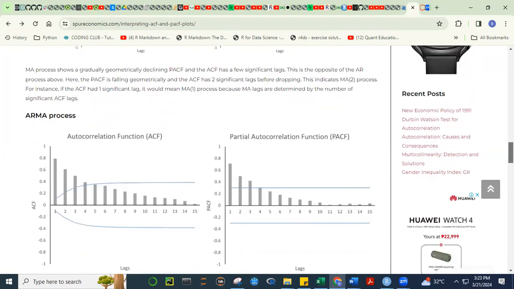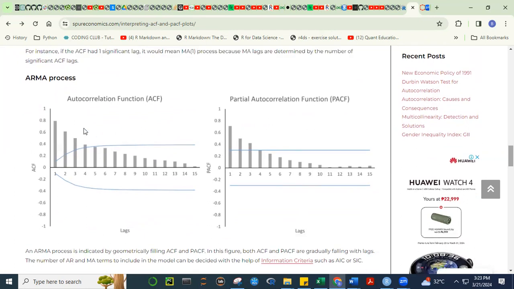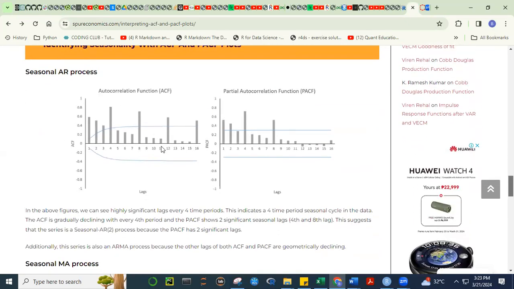For ARMA, if both ACF and PACF decay geometrically, that's a candidate for an ARMA process, with both AR and MA components. Then there is also seasonal. For seasonal, we see significant spikes at regular intervals, say every quarter, every 4 months.